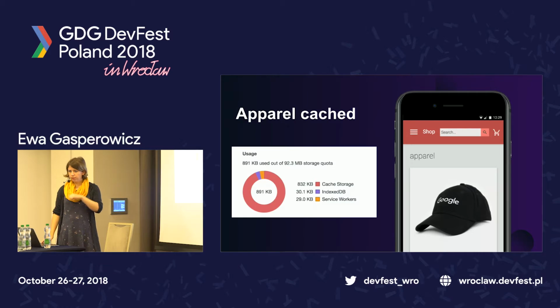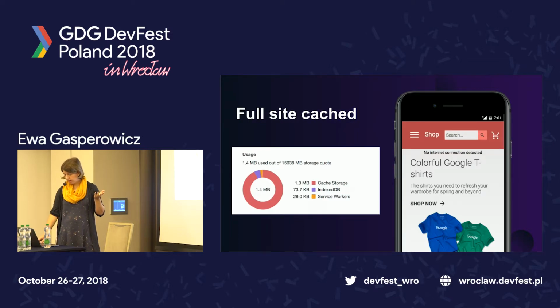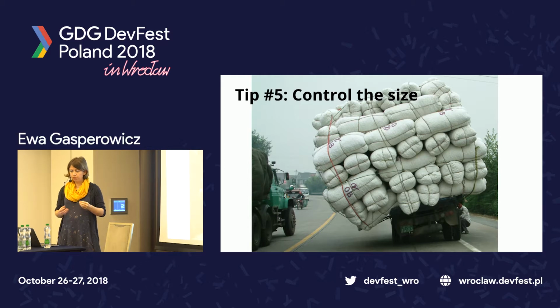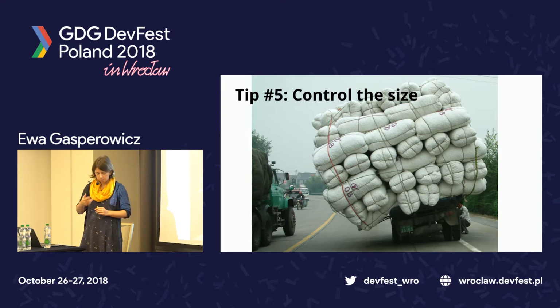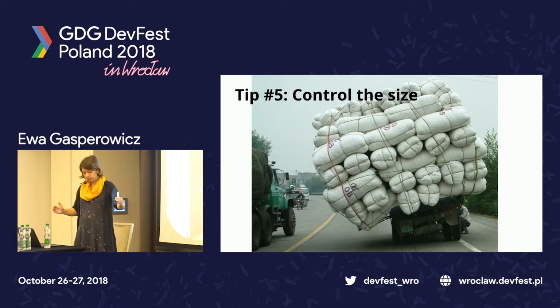If I go to yet another category and I use runtime caching, my storage space grows even more, and so on, right? So you need to be mindful of that and know how to measure the size of your app before you blow up your cache. So just be mindful of that, and while developing your app, control the size of the cache you're using throughout the lifespan of your app, not only on the initial load.